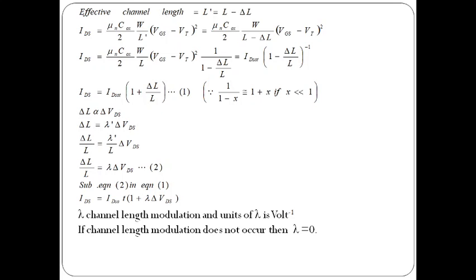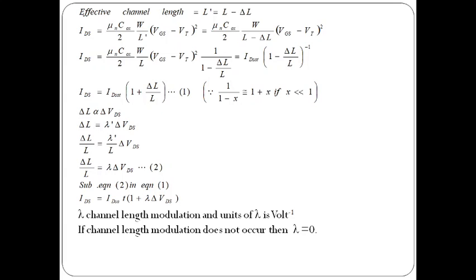So L dash can be written as L minus delta L. So now it is mu n Cox by 2 into W by (L minus delta L) into (VGS minus VT) whole square. Clear? So this equation is again the saturation current equation.